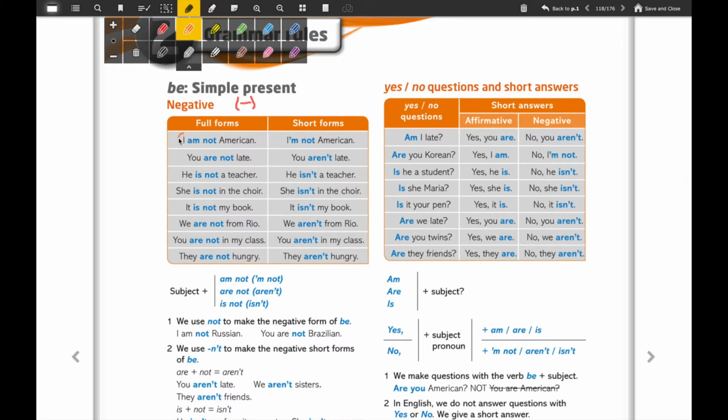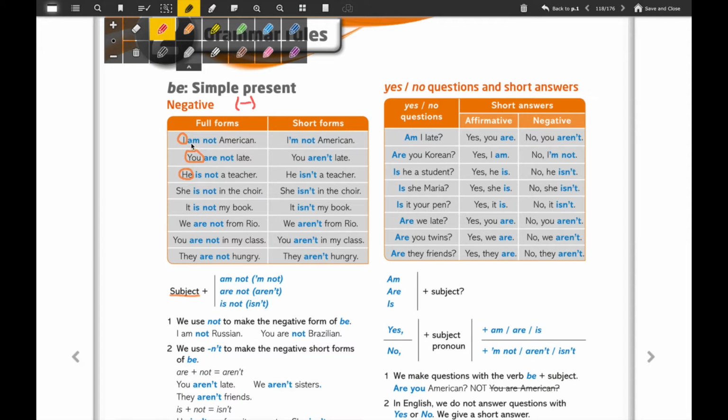A subject are these kind of words: the word I, the word you, the word he, and so on. Okay, so for subjects, we're going to use orange. And for these kind of words, we're going to try to identify am not, are not, and is not.